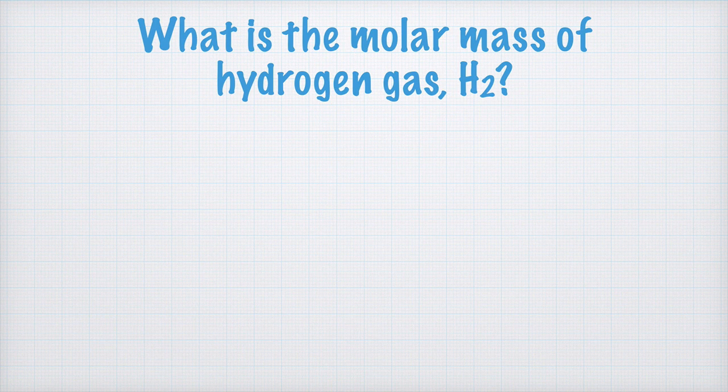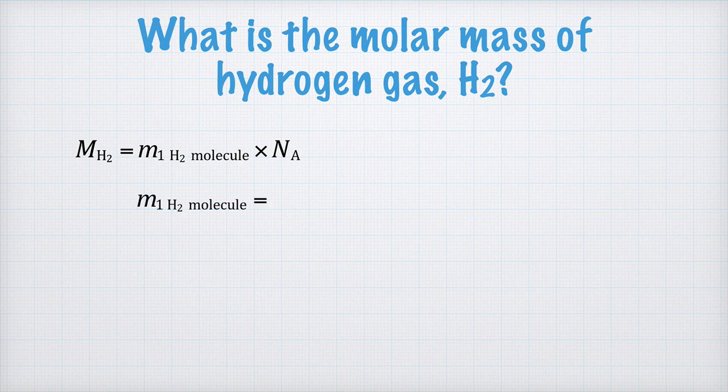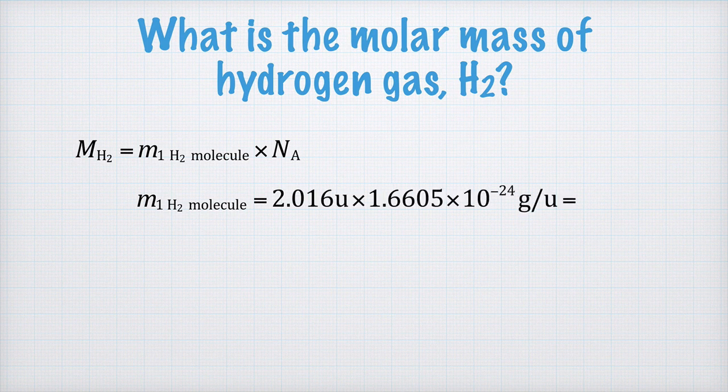First, we'll do it in a complicated way, and then I'll show you a shrewd shortcut. To calculate the molar mass of hydrogen gas, we need to find the mass for a single hydrogen molecule and then multiply it with Avogadro's constant. We know, since earlier in this video, that the mass of a single hydrogen molecule is 2.016 u, which corresponds to 3.347568 times 10 to the minus 24 grams.